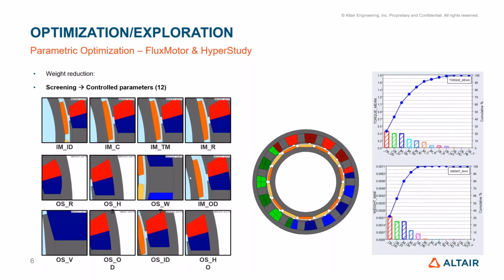FluxMotor gives access to HyperStudy in one click, and it allows the user to carry out a screening of the parameters to evaluate their influence on the quantities of interest. You can see an example here, a DOE and a fast and simple optimization. In this example, the main goal is weight reduction. You can see how the parameters can change thanks to HyperStudy.